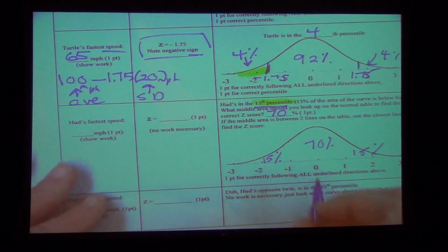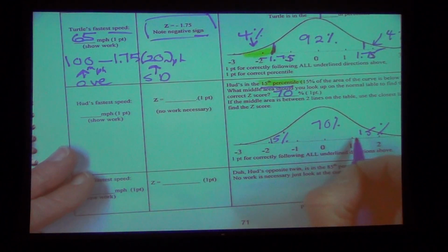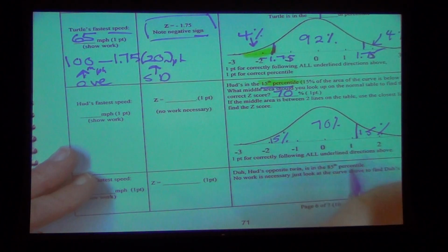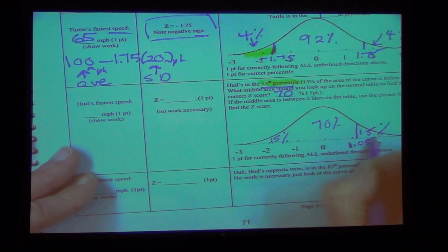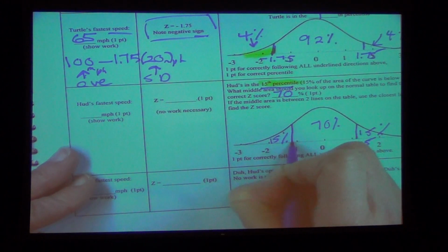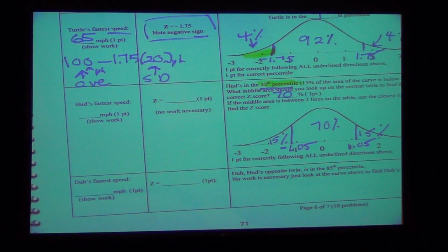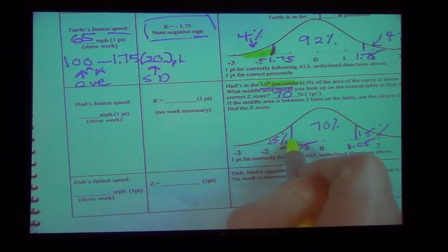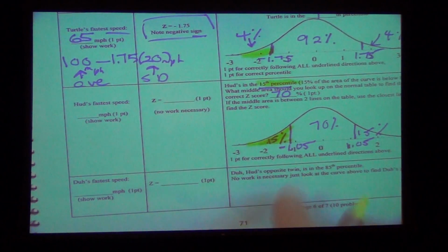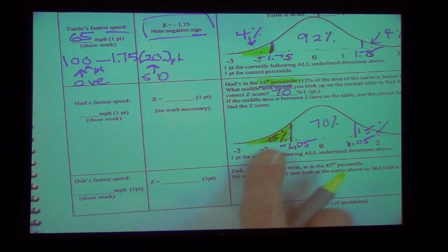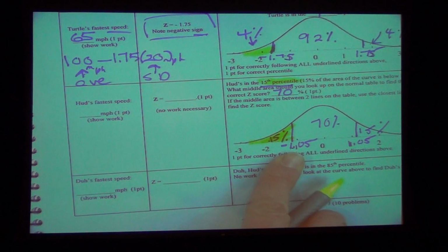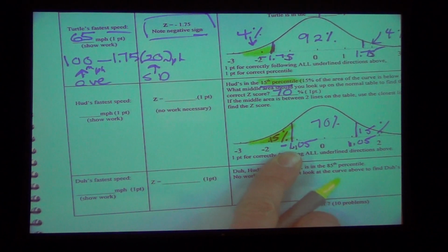All right, now be careful here. So 1.05. 70 is between negative 1.05 and 1.05. But which one do I want? The 15th percentile is going to be negative. This is the most common mistake that people make.